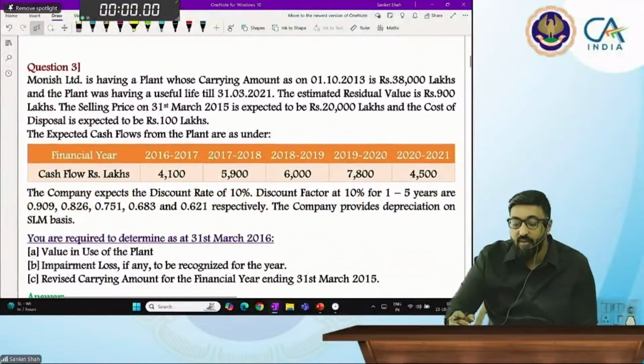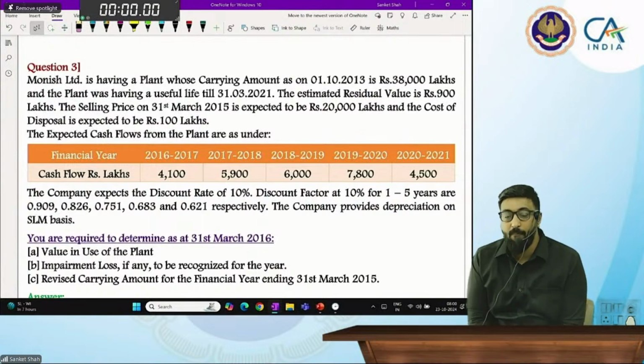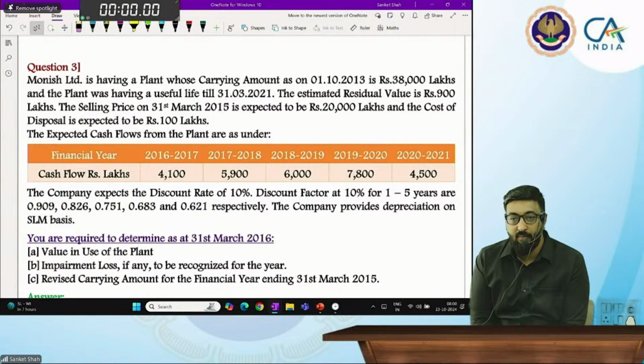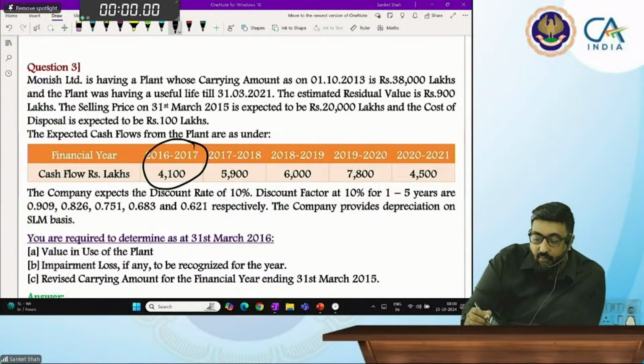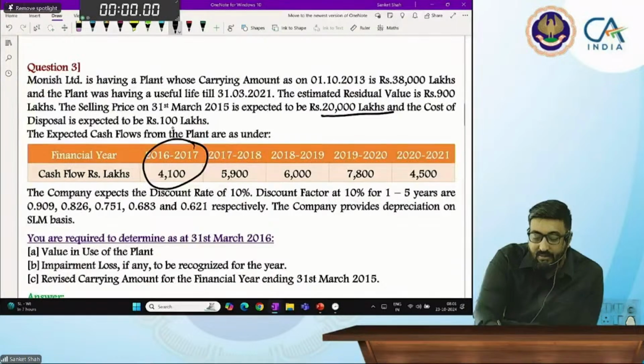Now see, in this question, you are going to calculate present value of future cash flows. Okay, and factors are also given. You just have to multiply by this discounting factor, value in use. Selling price is given 20,000 lakhs and cost of disposal is given. So net selling price is 19,900.